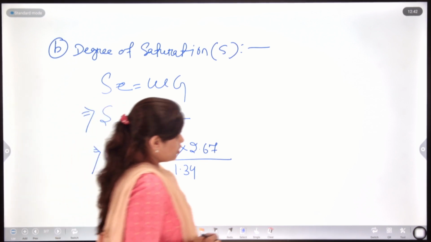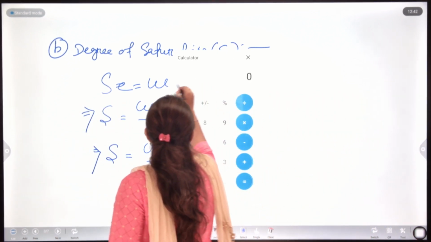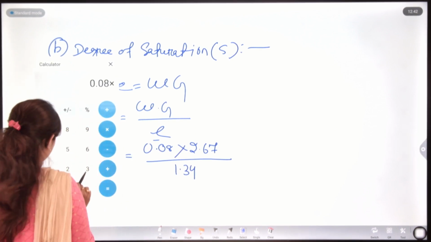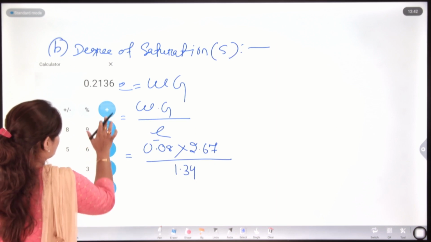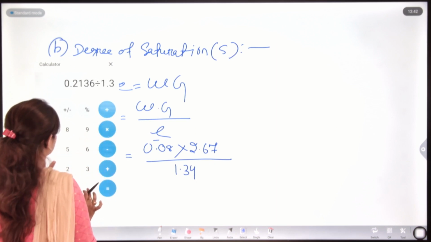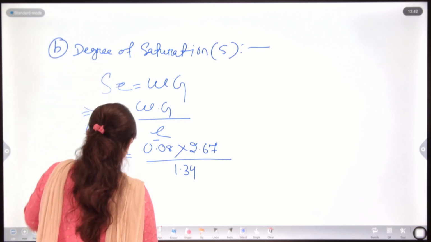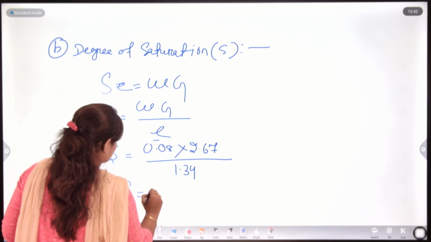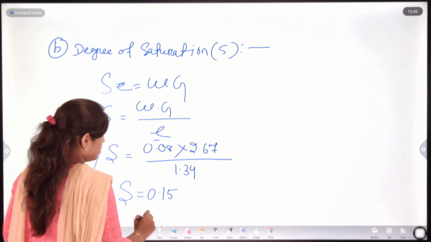Now to calculate this, 0.08 multiplied with 2.67 upon 1.34 gives 0.15. So, your degree of saturation becomes 0.15.